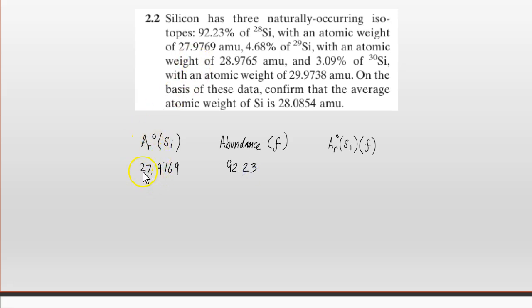Silicon-29 has a mass of 28.9765 with an abundance of 4.68. And then finally, we have silicon-30 with an atomic weight of 29.9738 with an abundance of 3.09.